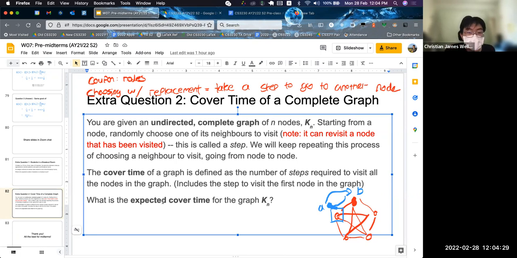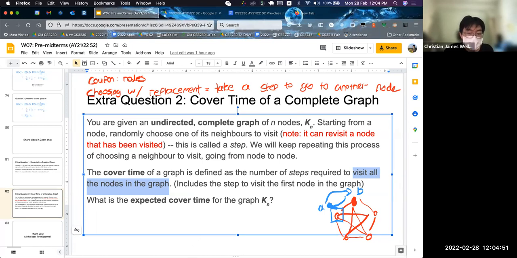And our goal is to visit all the nodes. And in coupon collector, you potentially get back the same coupon, and similarly here, you potentially get back the same node, something that you have seen before. So it's identical. So the analysis is almost identical as well.